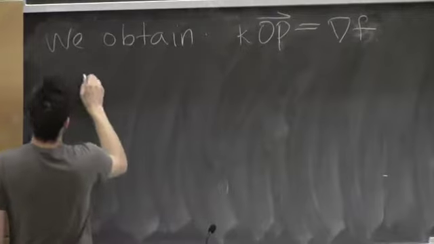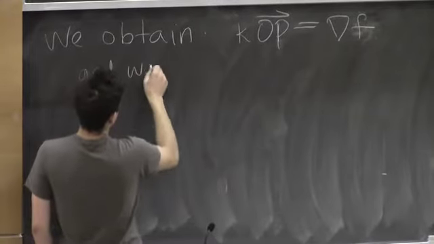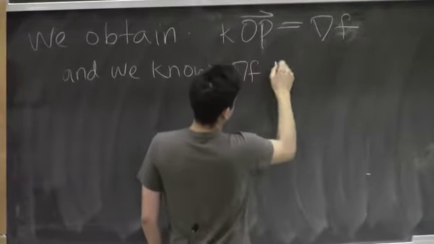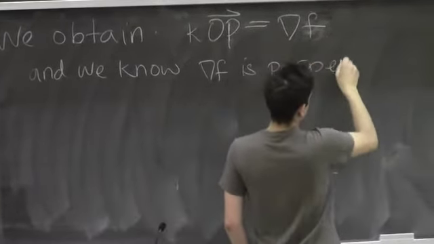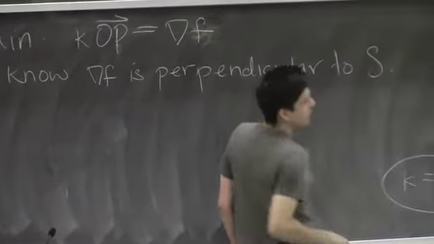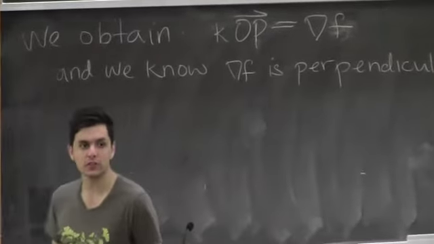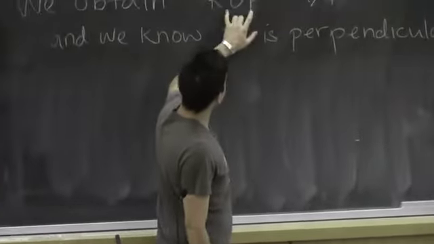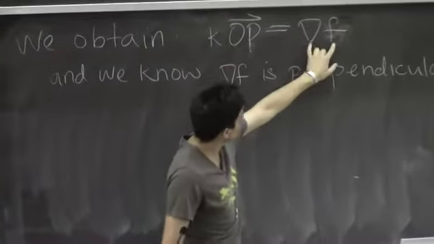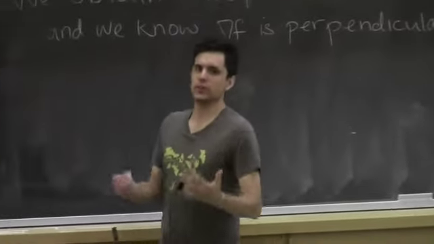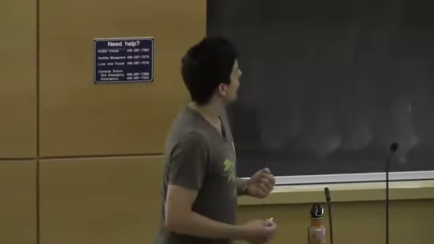And we know that the gradient has to be perpendicular to the surface. Okay, so looking along the vector from the origin, we get something that's parallel to the gradient. The gradient is perpendicular to S, so the line is.